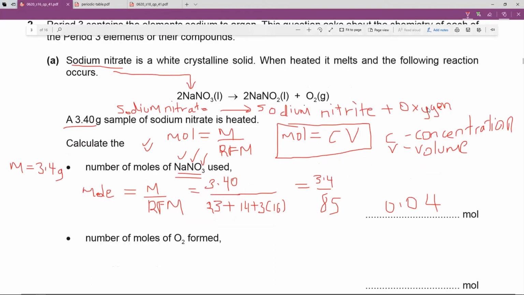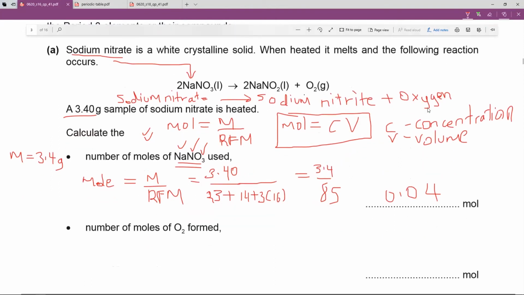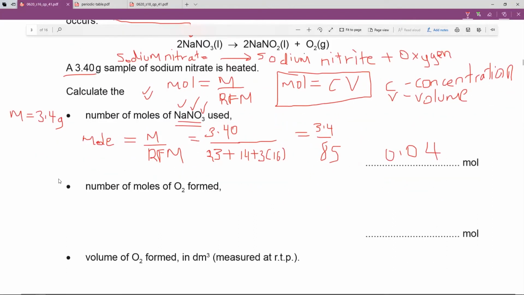Going forward, they want the number of moles of oxygen formed. Now, as stated earlier, we can easily just say that mole is given by mass over M, mass over, in this case, we call it relative molecular mass, because oxygen gas is a molecule, O2.